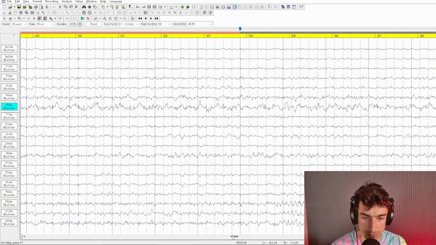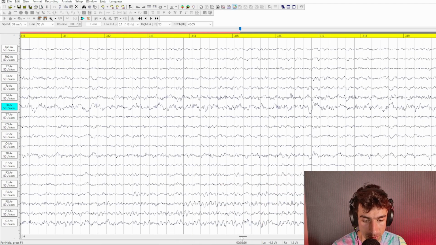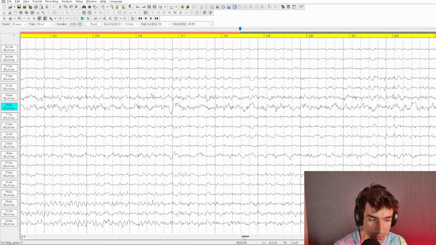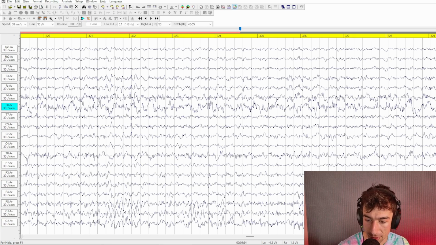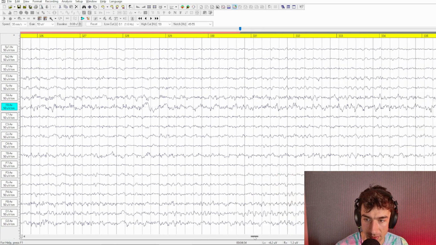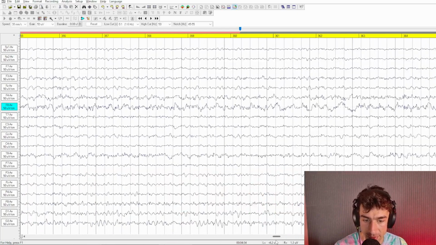And it was quite a brief period of drowsing. And now we're back to this sort of general appearance of a lower voltage EEG, although now the alpha is coming in and out of the back of the head with more regularity.